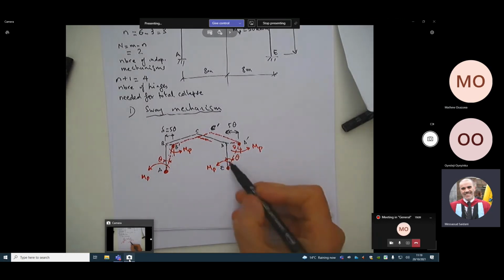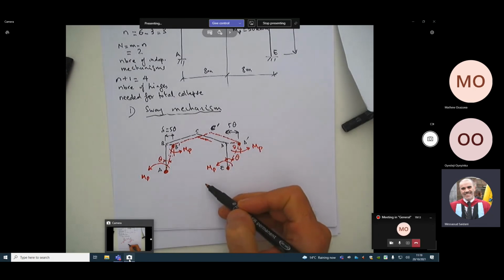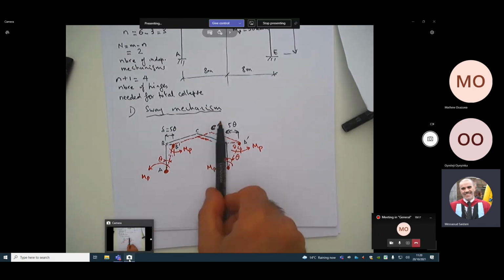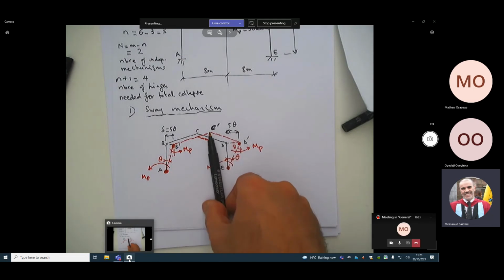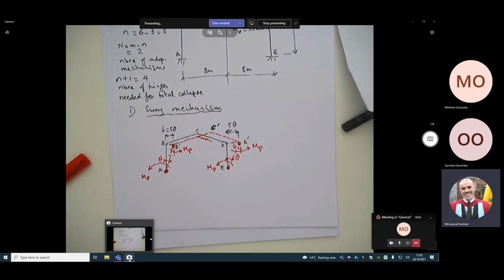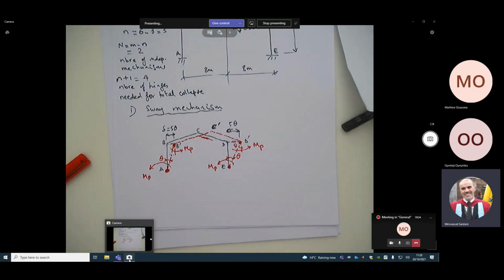Whichever way the member rotates, the moment will be opposite to that rotation. So for example, here the rotation is clockwise, so the moment MP is anti-clockwise, always. Because it's a moment of resistance. It's an internal moment, and it's a moment of resistance. It's not an external moment. And that's it.